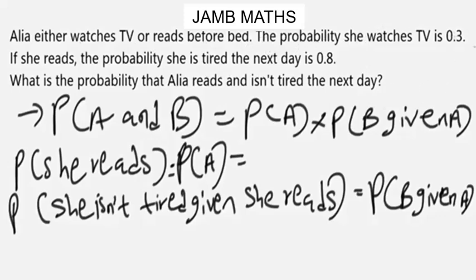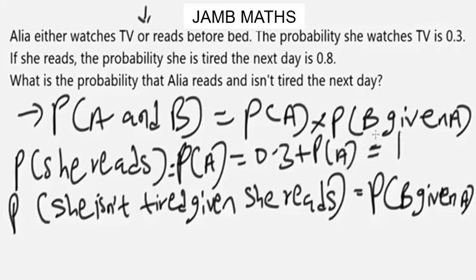Remember, in this question we have "or" here, that's TV or she reads, and the or rule signifies addition. So we have the probability of TV to be 0.3, plus she reads. We're looking for event A. The probability of event A will be equal to 1.